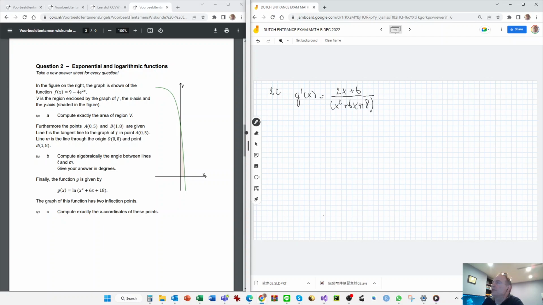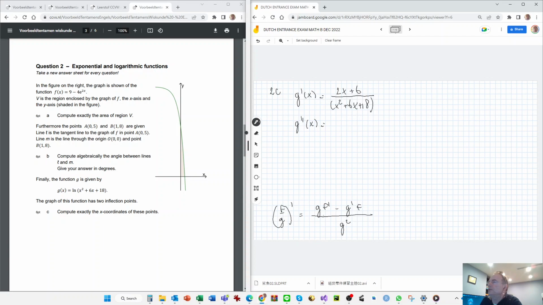And then for the second derivative, it gets a little messy. You need to take the derivative of that again, and you use the derivative of a quotient. This is part of the materials: g times f prime minus g prime f, divided by g squared.